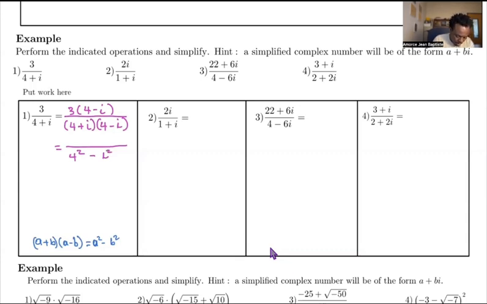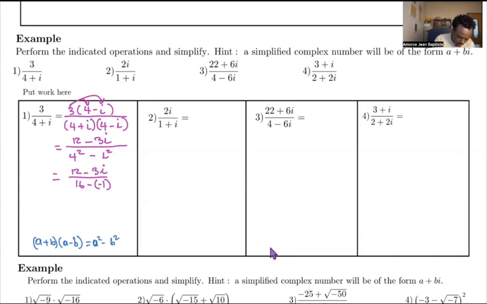The top remains the same, but we can distribute 3 over. So that's 12 minus 3i over 16 minus negative 1.